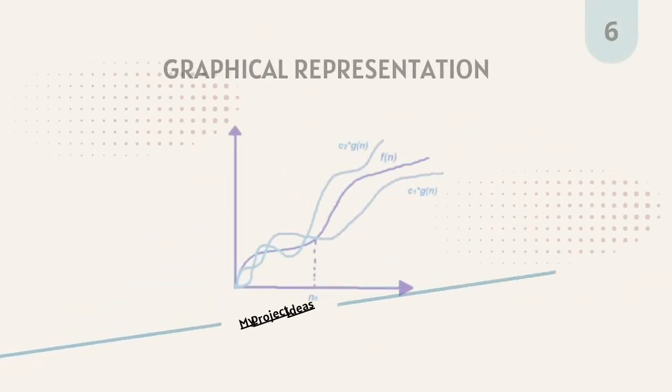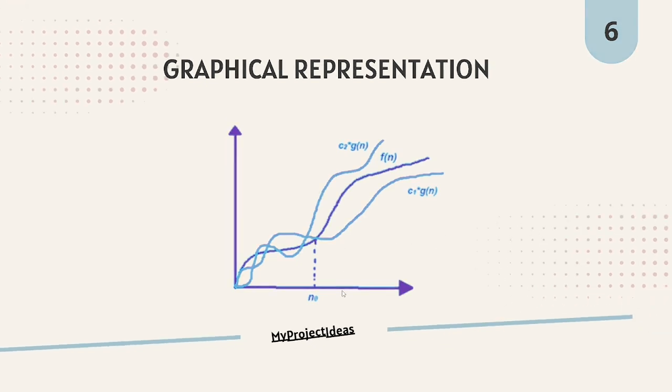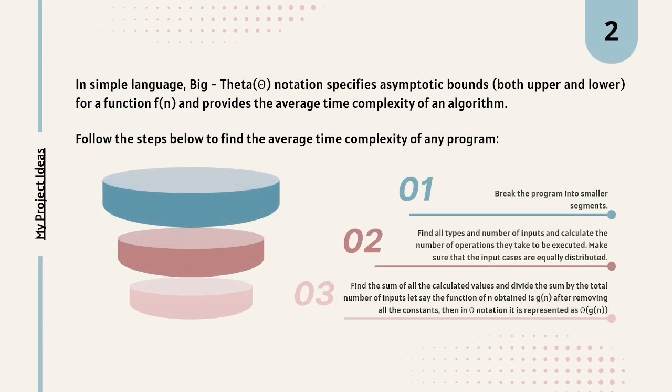Now let's look at the graphical representation. Here you can see the f of n curve, and the f of n function always lies between c1 into g of n and c2 into g of n for all n, because this part is n naught and the right side of this is n. So for all n greater than or equal to n naught. Got it? Let's make it a bit simpler again.